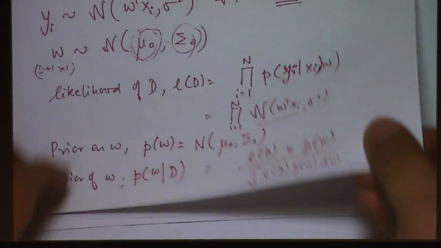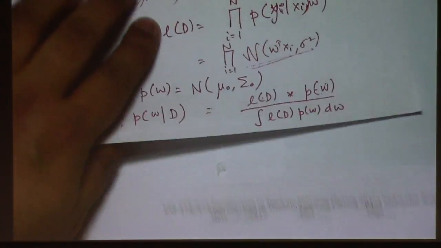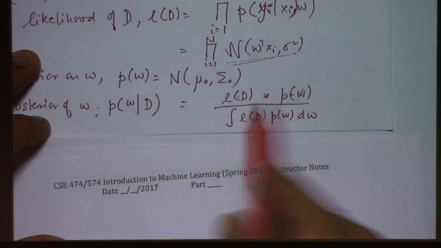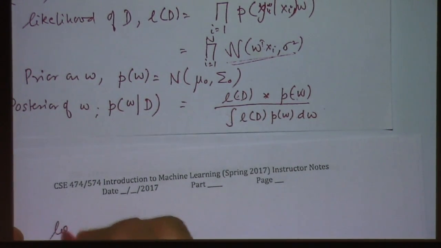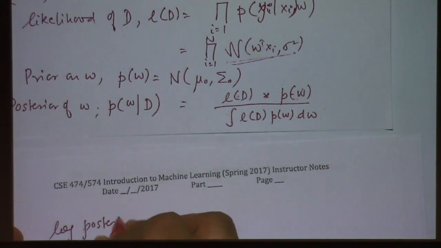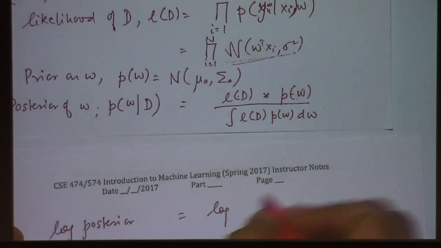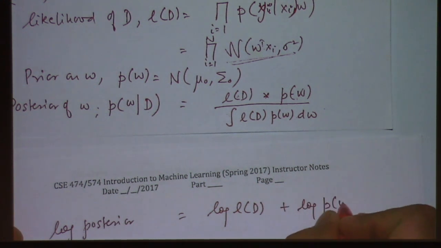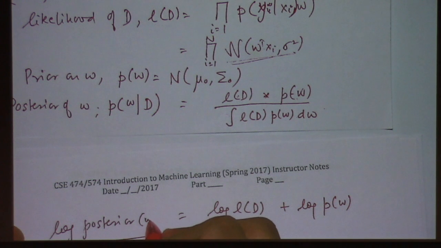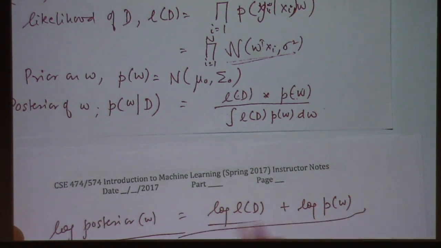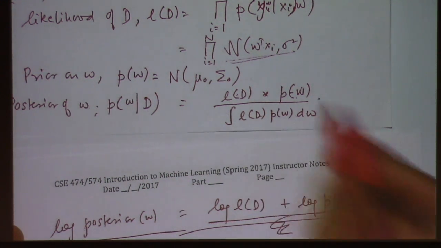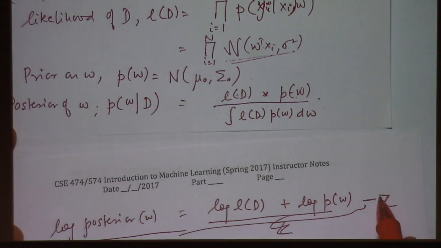And to make your computations a little easier, instead of computing this value, you can also compute just the log posterior, which will be log of L of D, the log likelihood, plus log of prior, minus some z, because this term will come in as a negative subtraction. But this you can ignore.